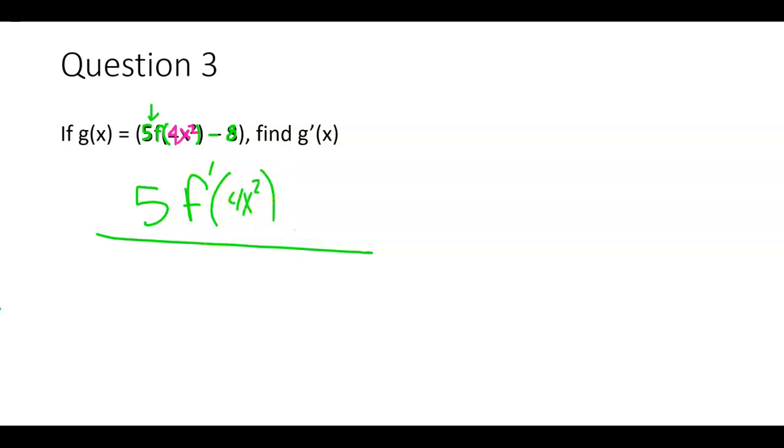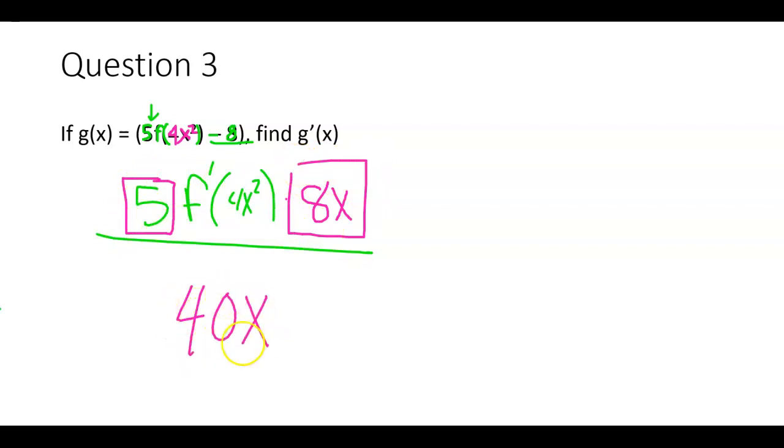And then we have the 8, which is just a constant, so it goes away. Okay. Now we have to multiply that by the derivative of the inside, which is the 4x squared, so that would be 8x. And who knows, maybe they'll want us to simplify it, so in that case we could put these together and get a final answer of 40x f prime of 4x squared.